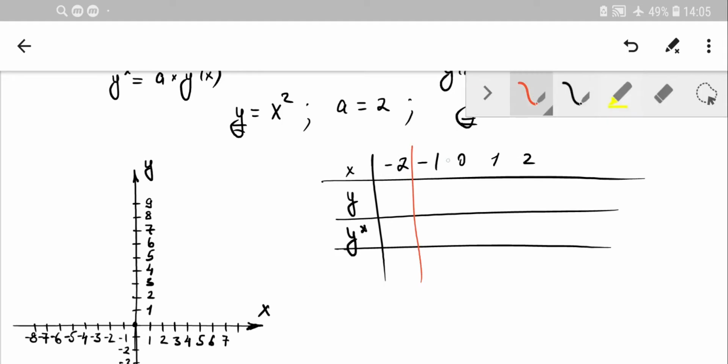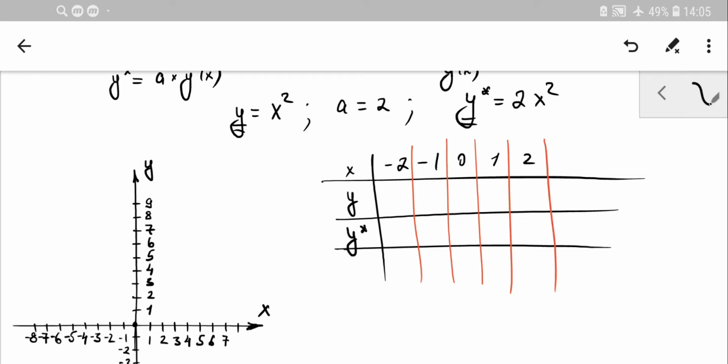Now it's time to figure out the values for y. Because y is simply x squared, we put all the x values in, raise them to the power of 2, and calculate y for the basic parabola. So -2 squared is 4, -1 squared is 1, 0 stays 0, and then we have repeating values.